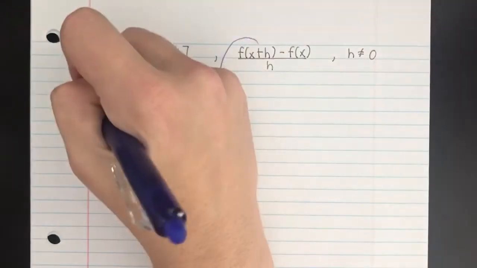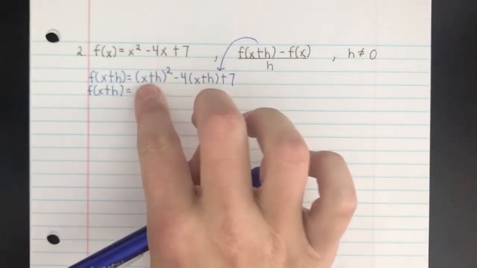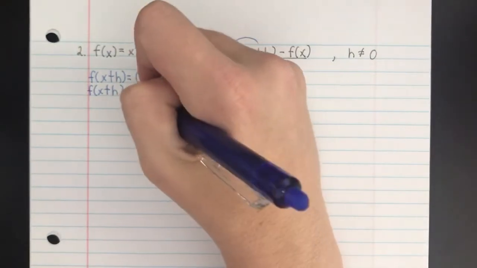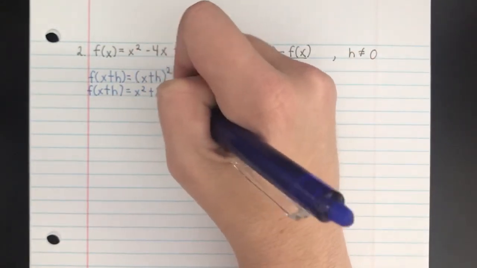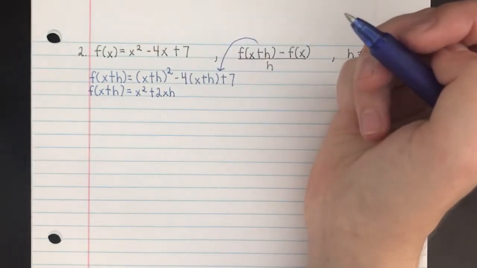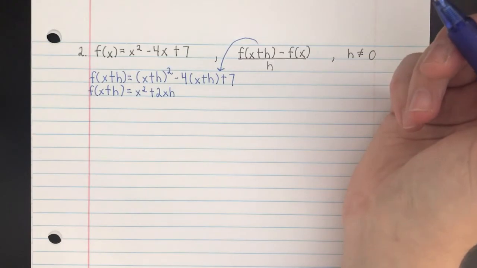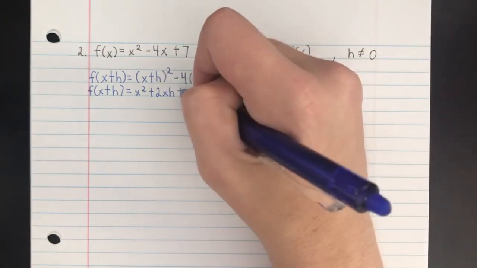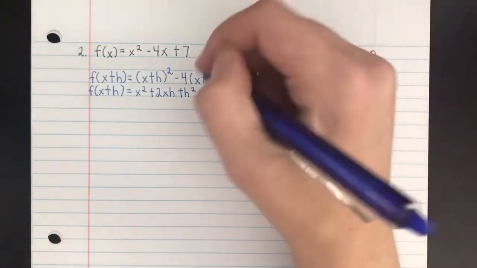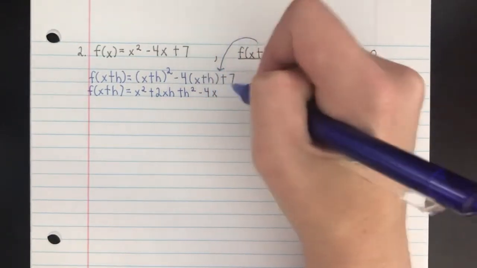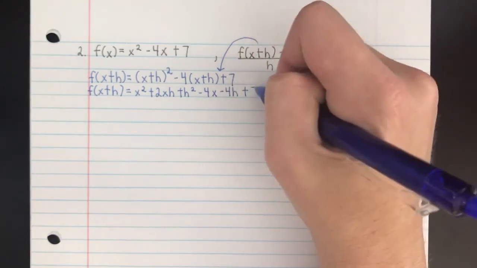All right, so f of x plus h, I know that this means FOIL, so that's going to become x squared plus 2xh or hx, doesn't matter, and then plus h squared. And then when I distribute minus 4x minus 4h, drag down the plus 7.